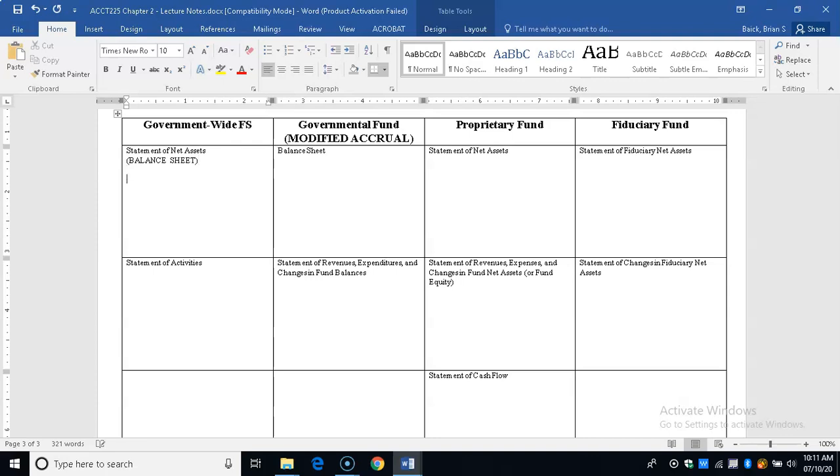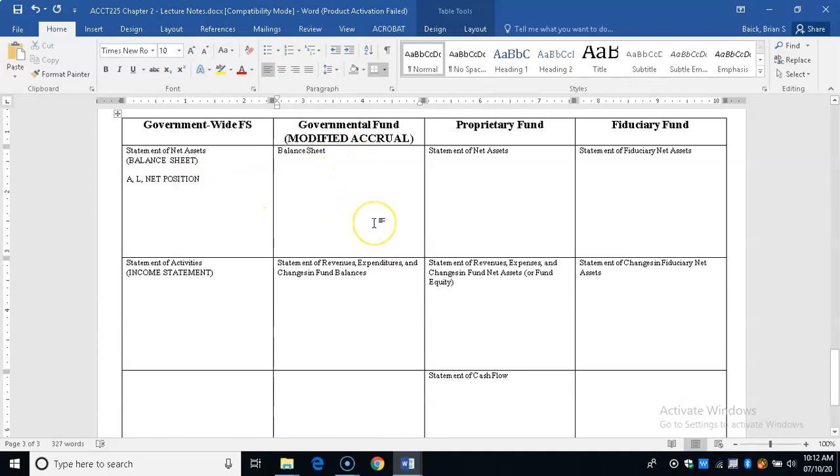So balance sheet has assets, liabilities, and net position. Statement of activities is an income statement. Okay, so make sure that you know these differences.